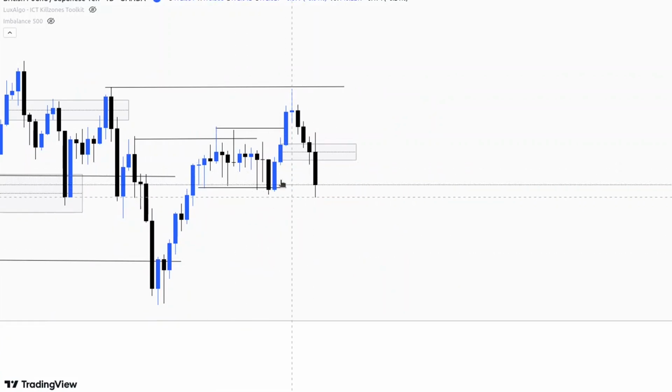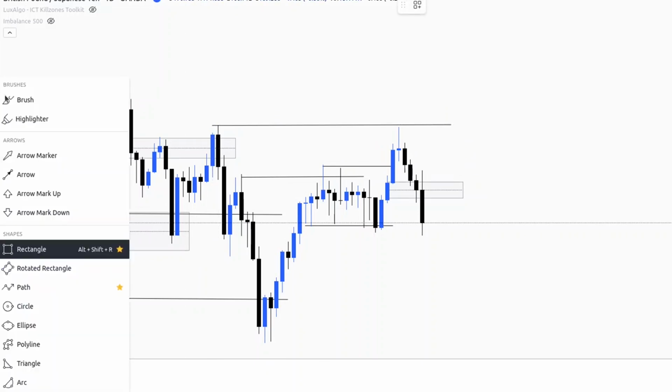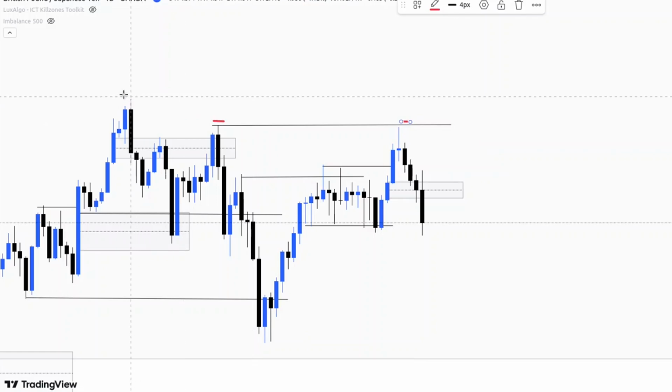Price always tends to gravitate to an area of lower resistance liquidity, especially when you have relatively equal highs or equal lows. In this area here, here is a relative equal high, here is a relative equal high, and we still have this level here.